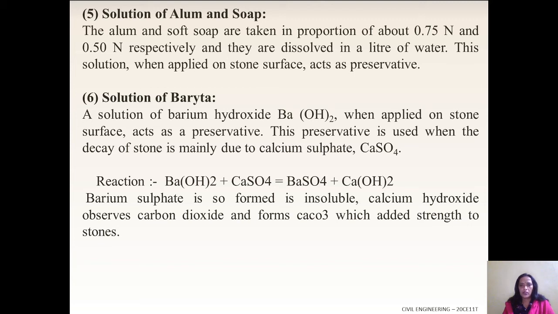This calcium hydroxide absorbs carbon dioxide and forms calcium carbonate, which provides strength to the stones. So this can also be used as a best preservative when the decay of stone is due to the calcium sulfate.